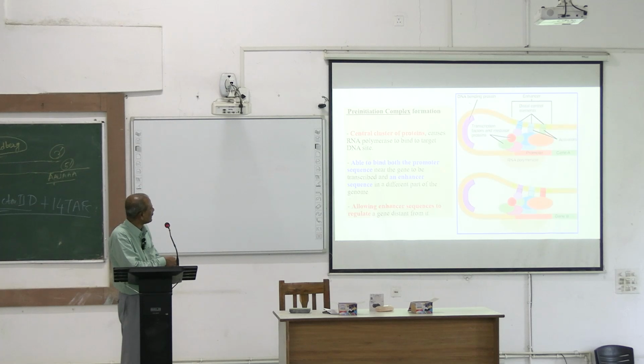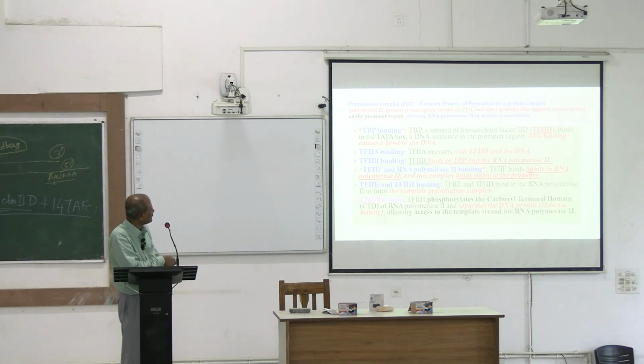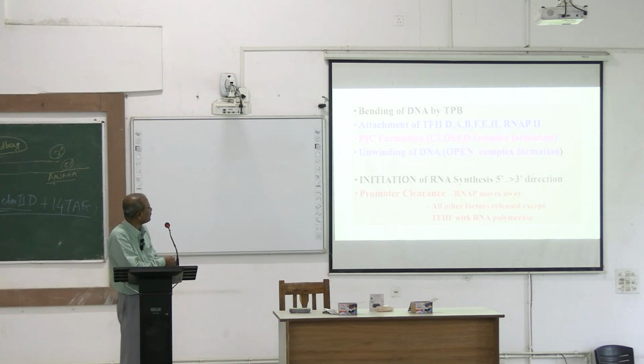So that bending occurs in the pre-initiation complex. There are functions of the different factors A, B, D. These are related to RNA polymerase II, which is why they are named factors 2A, 2B, 2D. And regarding helicase activity, I am telling you repeatedly that helicase will be bound only with the RNA polymerase for elongation to occur.